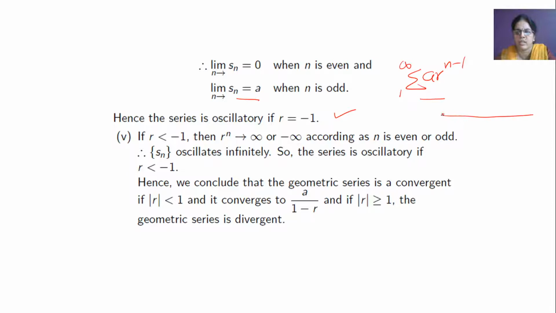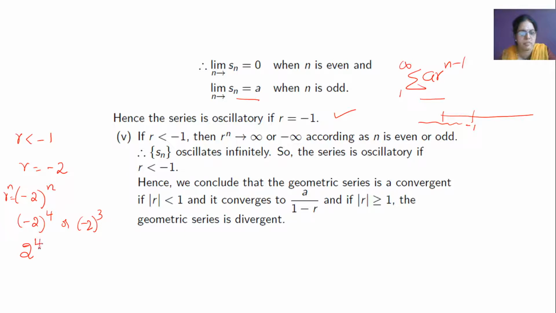Now finally for r less than minus 1, let us see what about r power n. If r is less than minus 1, for example r is minus 2, then it depends on the value of n. r power n means minus 2 power n. If n is even, minus 2 power n is the same as 2 power n.